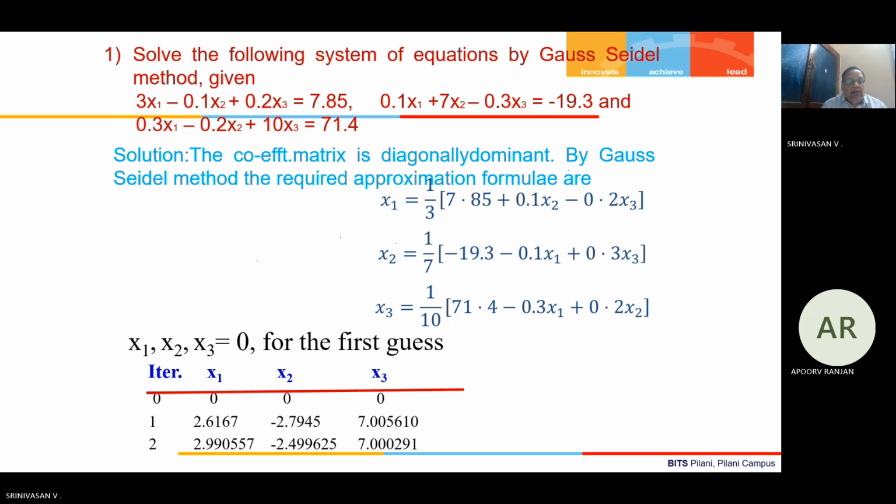So what do you get? 3x1, 9, minus 0.1 x2, plus 0.2 x3. X3 is 7. So you get 0.14. How much are you getting now?